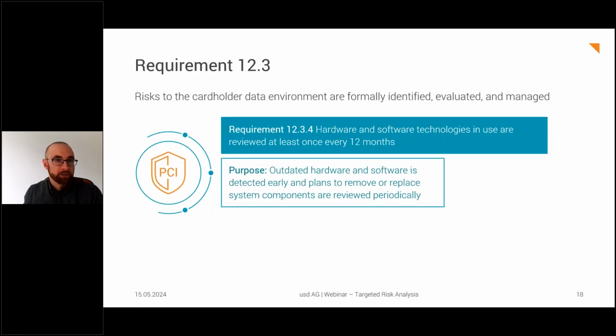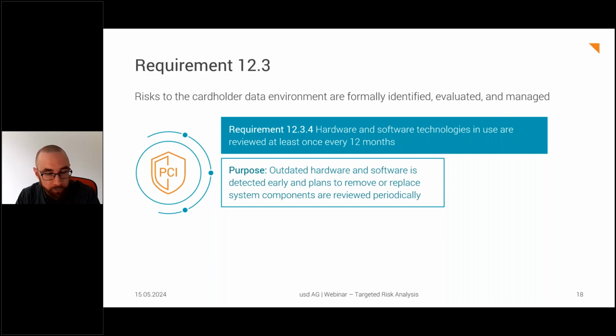To get to the last sub-requirement that we have, requirement 12.3.4. This is about hardware and software technologies that should be reviewed every 12 months.